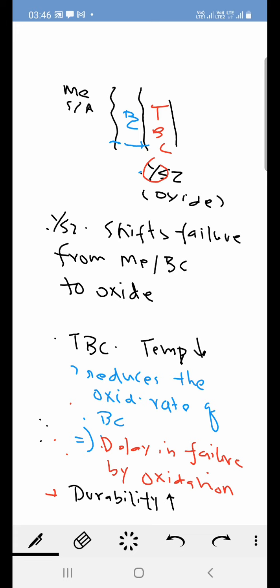Now, as I said, yttrium stabilized zirconia is used as a TBC.